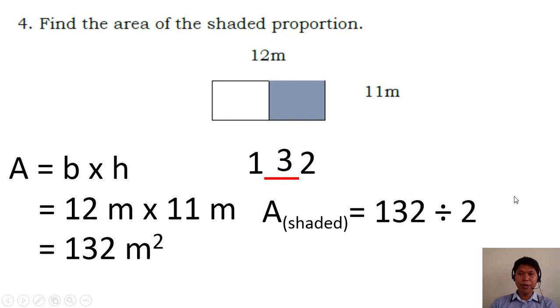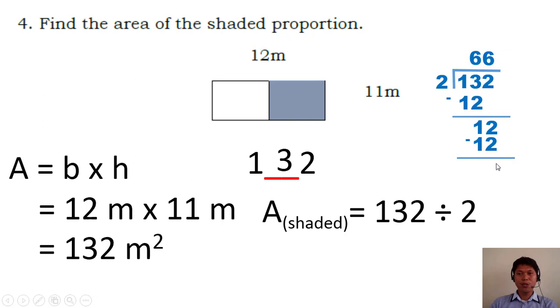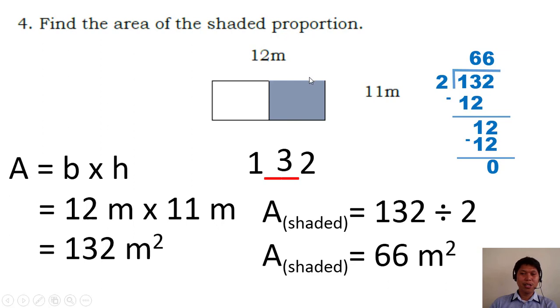So 132 divided by 2. 13 divided by 2 is 6. 6 times 2 is 12. And 13 minus 12 is equal to 1. Bring down this 2. 12 divided by 2 is 6. And 6 times 2 is 12. 12 minus 12 is equal to 0. And the answer is 66. Therefore, the area of this shaded part is 66 square meters.